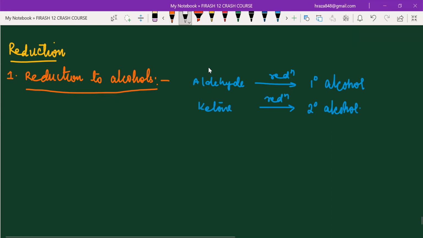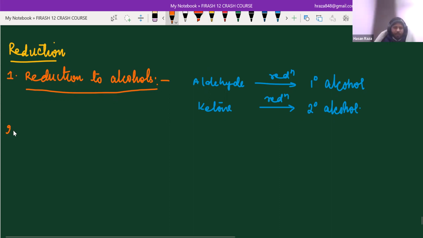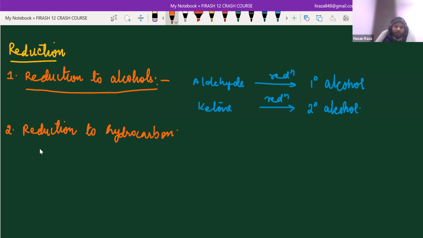Yeah. Now, reduction to hydrocarbons. The second one is the reduction to hydrocarbons. This is quite important and it's a named reaction, Wolff-Kishner reduction and Clemmensen reduction.